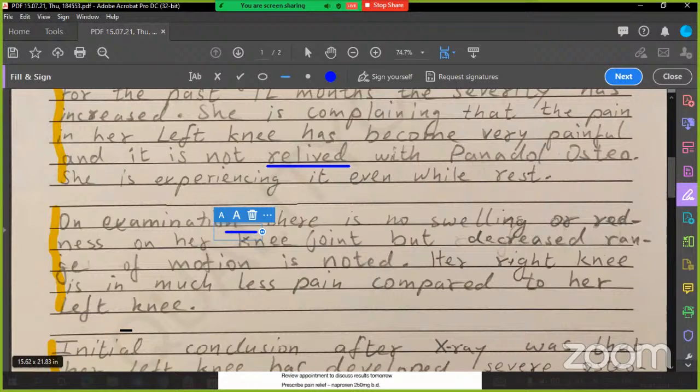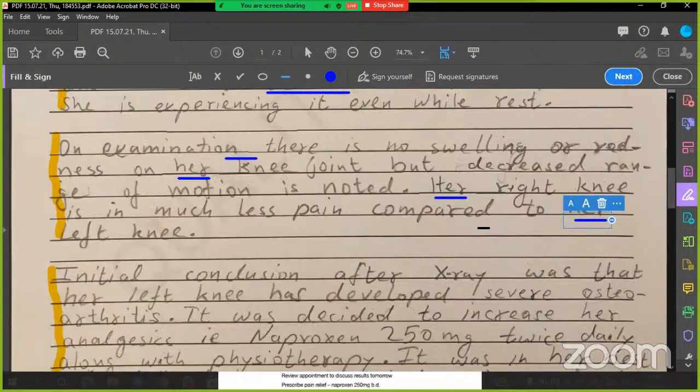No need to write her, she every time. Avoid using her too many times. Better you say the right knee had comparatively less pain. That is the meaning.